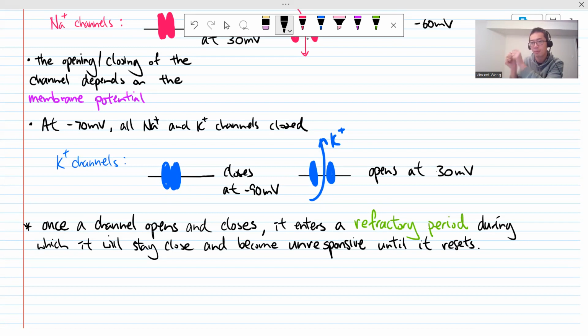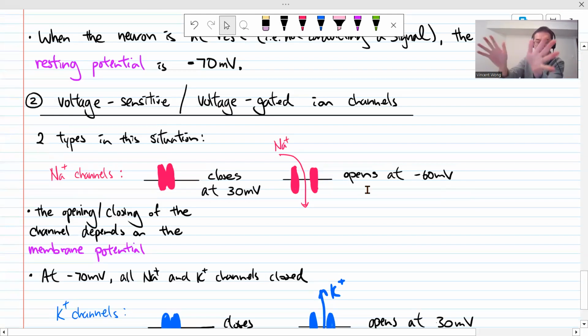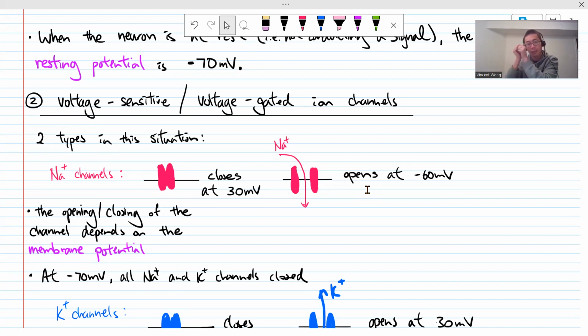Let me say that one more time, because I think some of you might have missed that. Sodium channels close at resting. Let's say it opens at minus 60, and then the sodium is going to move. When it's 30, for some reason, it will close and stay closed. It will enter a refractory period.